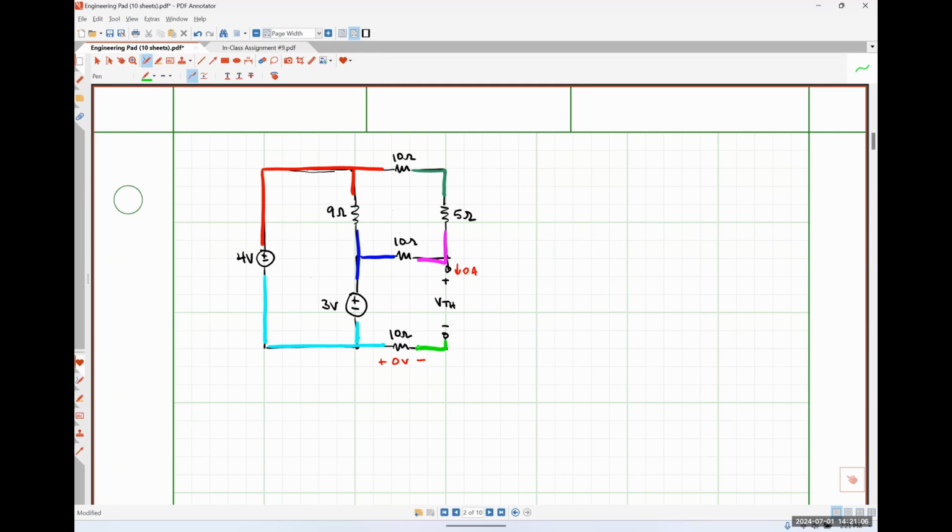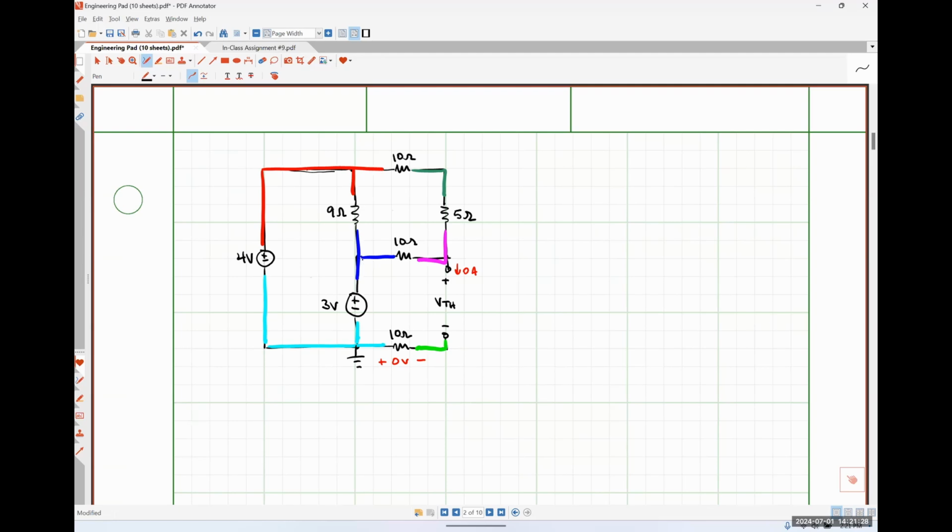And so you may be thinking to yourself, what the heck is Dr. Hartman smoking today? Which is a fair thing to think about. But let's put it in context, right? So we know that if I choose ground to be the bottom node so that it's touching both voltage sources, I know that the nodal voltage at our red node is just 4 volts.